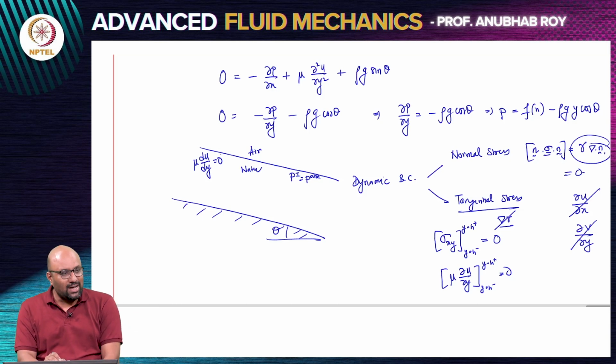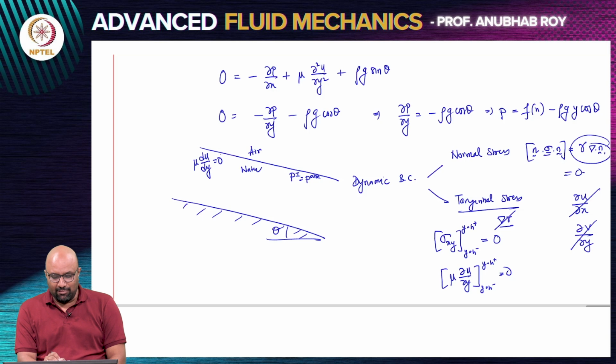This is known as a modification of this interface boundary condition to a stress-free boundary. So, when you have an air-water problem, you can make a reasonably good assumption by treating the interface as a stress-free interface, that the shear stress is equal to 0. This is basically based on the idea that you have such a big disparity between the values of viscosity.